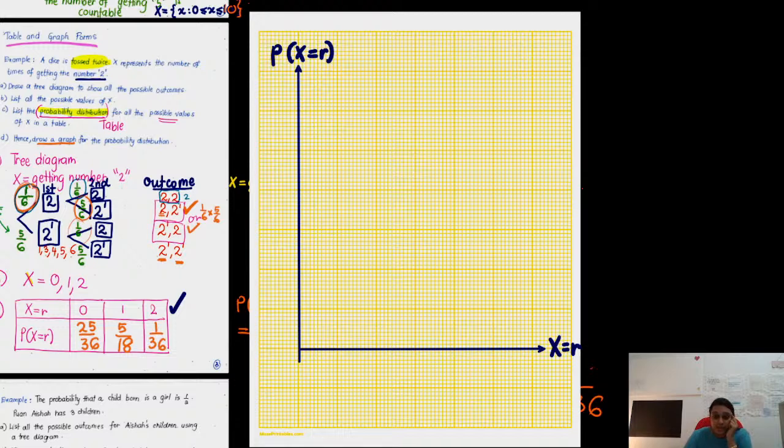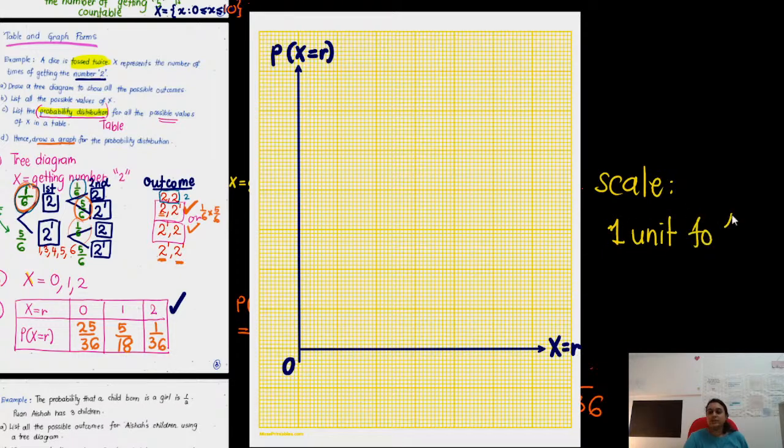Now what are the values we have here for x? 0, 1 and 2, isn't it? So my suggestion is to use a scale. The scale usually they will give, but this time they didn't give, so teacher gives you all the scale. 1 cm to 1 unit.